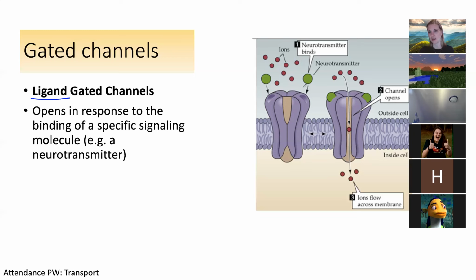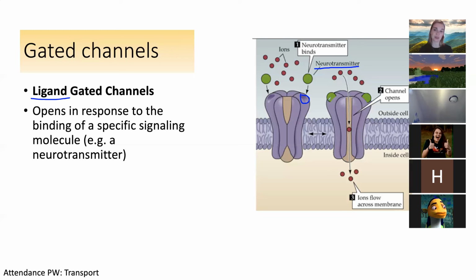In this case, we're looking at a cell membrane responding to a signal from the nervous system. We have a neurotransmitter, which is a chemical that has a specific binding site on this particular protein channel. When it binds, you can see that it goes from closed to open and allows this specific ion to pass into the cell.